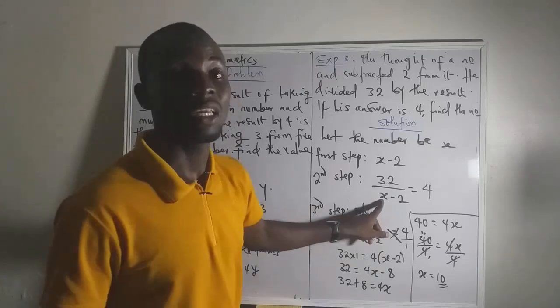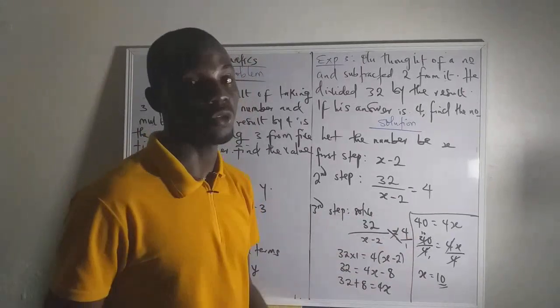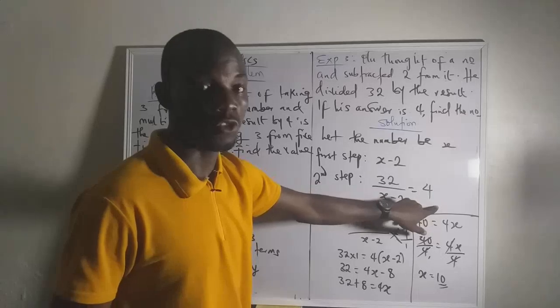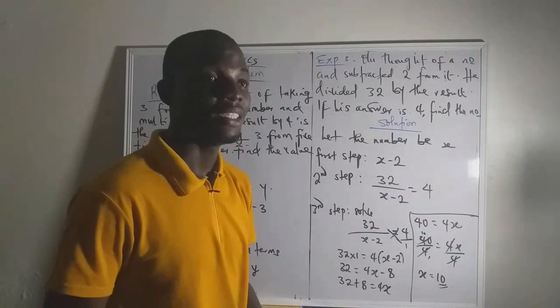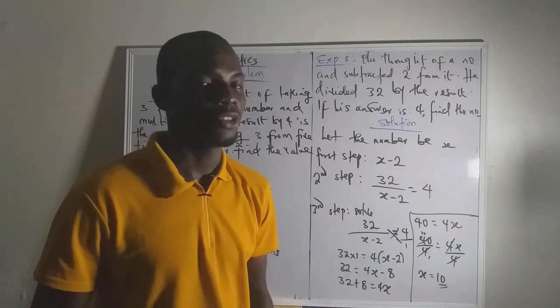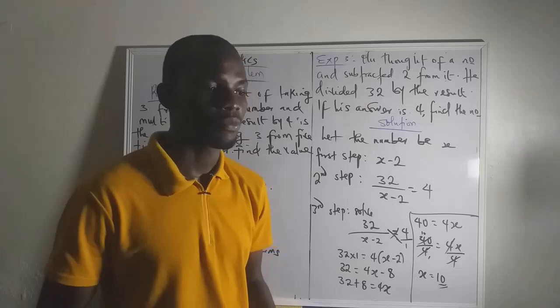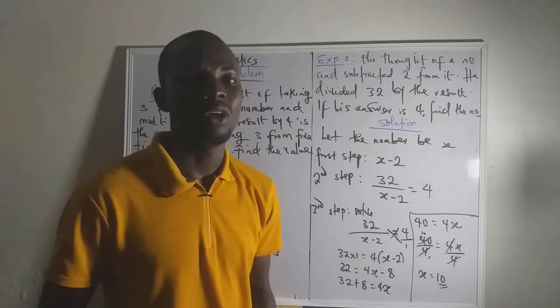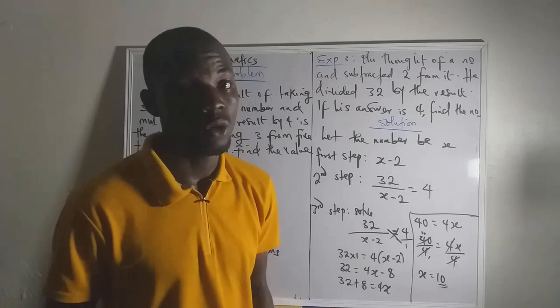By the time we plug in 10 here, 10 minus 2 is going to be 8. If you divide 32 by 8, that will become what? 4. So we can see clearly that the left hand side equals the right hand side. So in my next video, I'll be explaining word problem leading to inequality, simple equation.